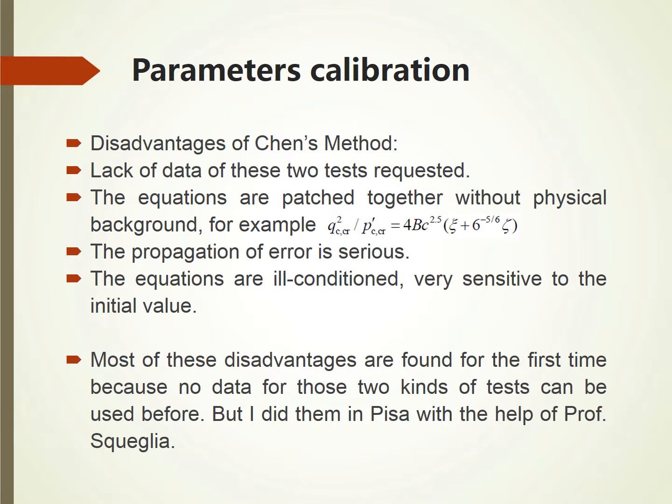Last, the equations are ill-conditioned, very sensitive to the initial value. Most of these disadvantages are found for the first time because no data for these two kinds of tests could be used before, but I did them in PISA with the help of Professor Squiglia. I will talk about this test later.